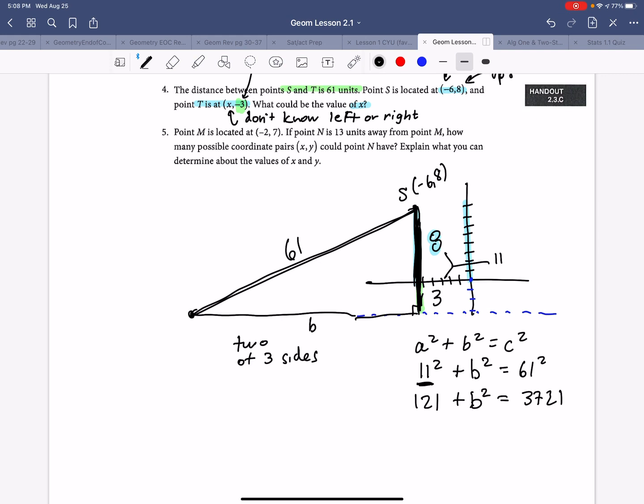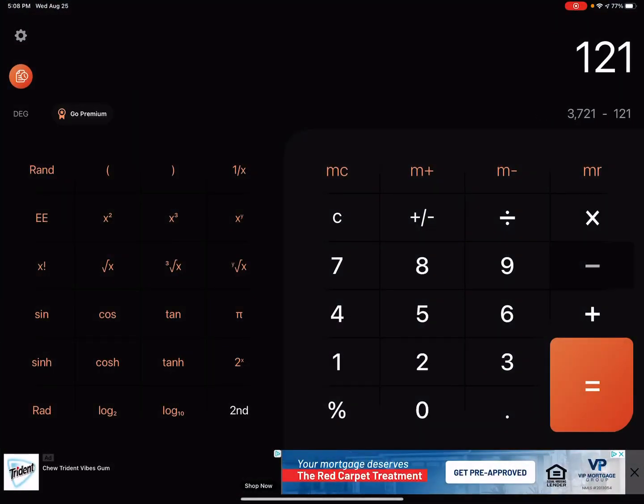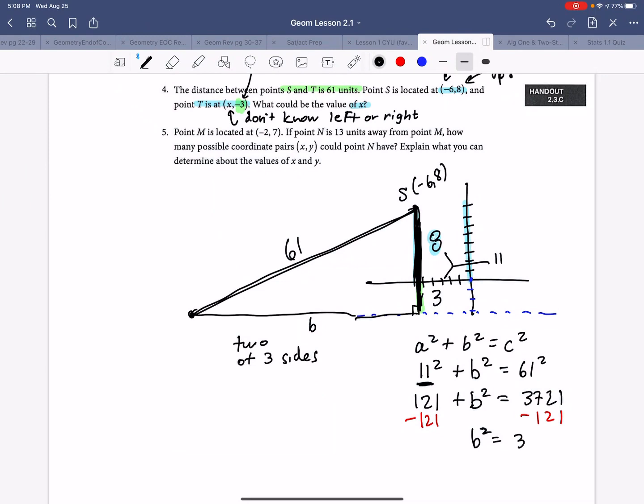To solve for b squared, I'm going to have to subtract 121 on both sides. And I get 3721 take away 121. Ooh, I like that number. So b squared is 3600.